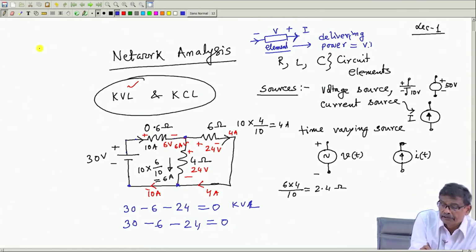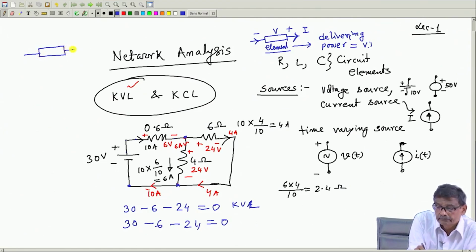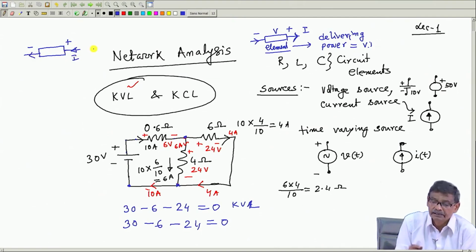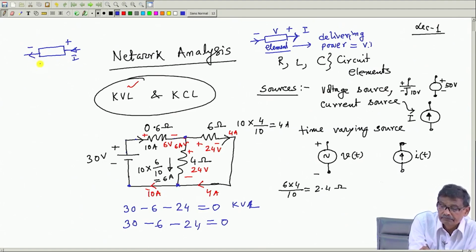If it so happens that there is a circuit element, which could be anything, either R, L, C or a source, and you find that the voltage across the element has this polarity, and polarity is important, and current is entering through the positive terminal of that particular element, then I will say this element is absorbing power.